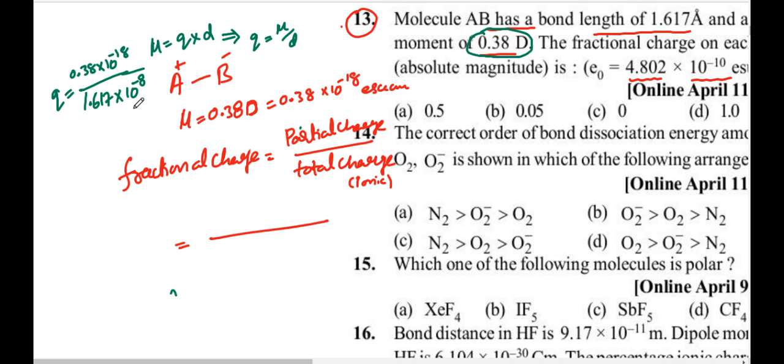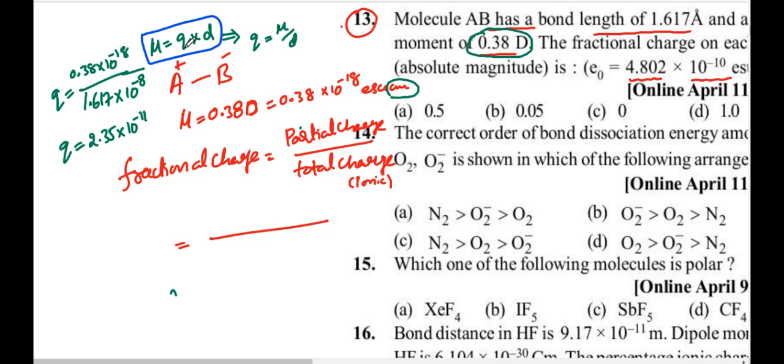Why are we taking it in centimeters? Because we took mu also in centimeters. Then this Q value we will get is 2.35 into 10 power minus 11. What is this? The partial charge. How did we get it? Mu equals Q into D is the formula.